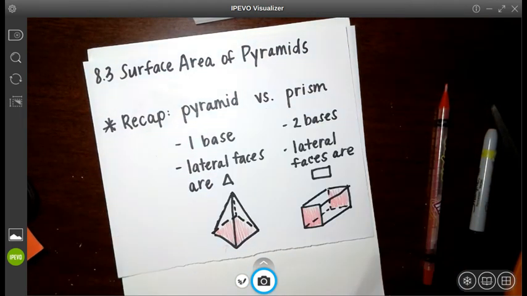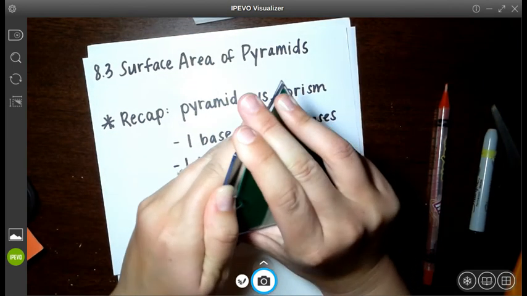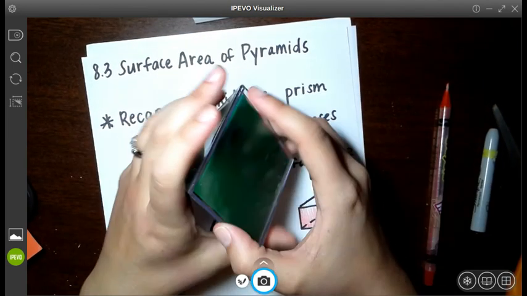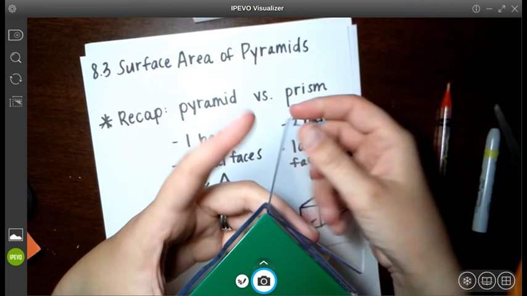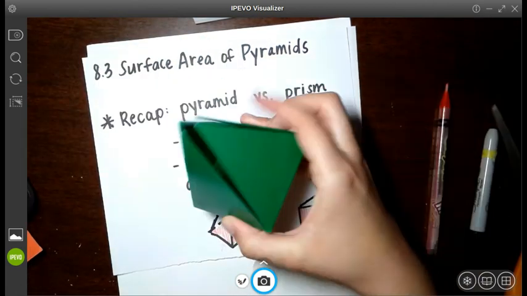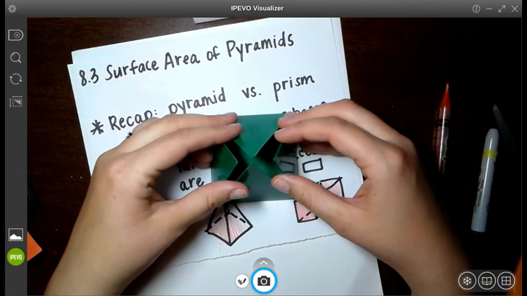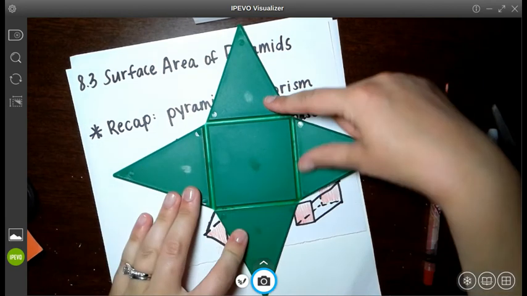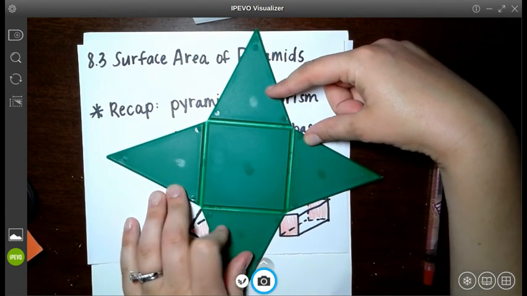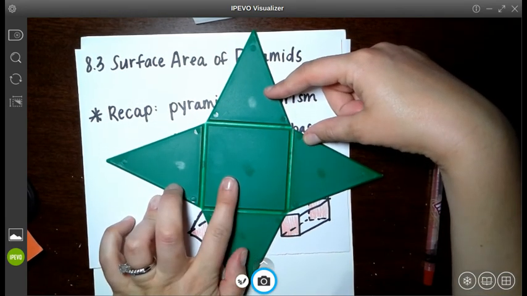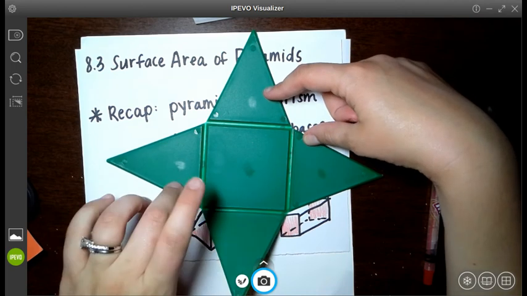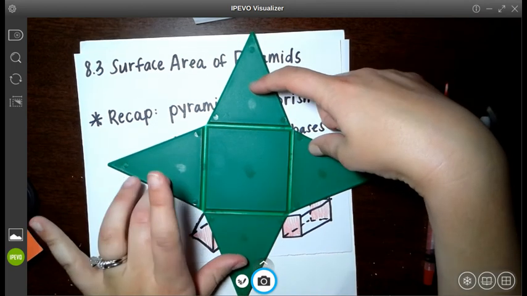Now a net, which is a 2D version of this 3D shape, looks like this. Okay, so this is like the flat version. You see the square base, and you see the four lateral faces, which are all triangles.